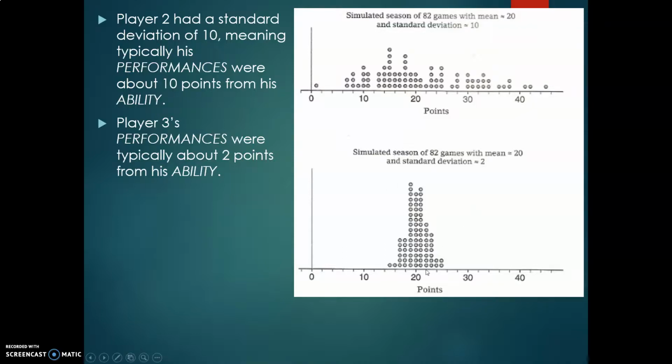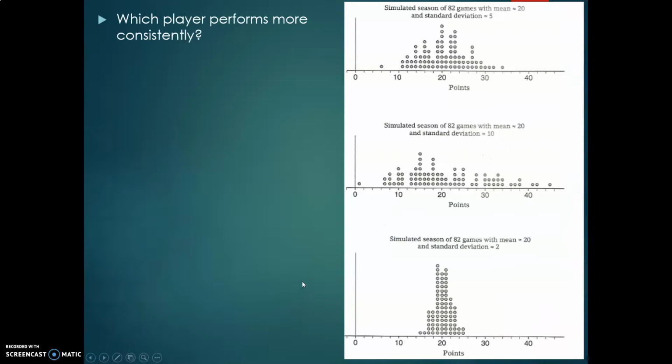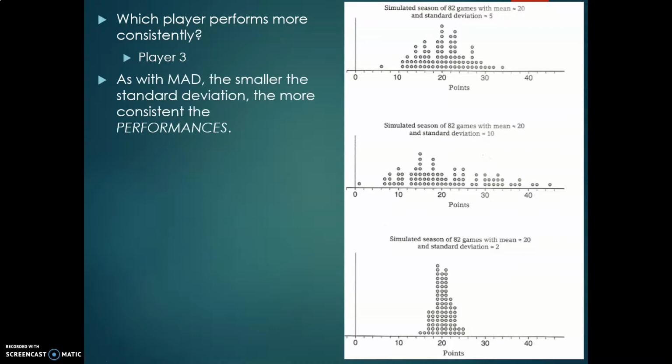His data points are grouped together in a much tighter fashion. When we look at these 3 players, it's very clear which one is more consistent: down here with the standard deviation of 2, that's player 3.